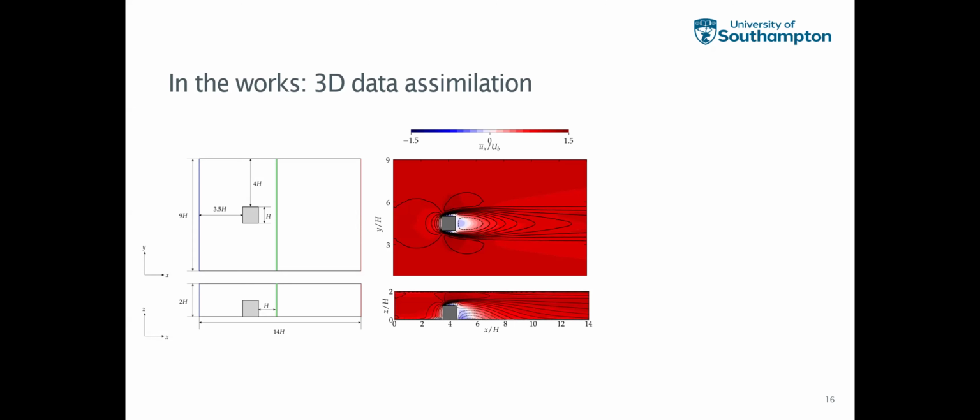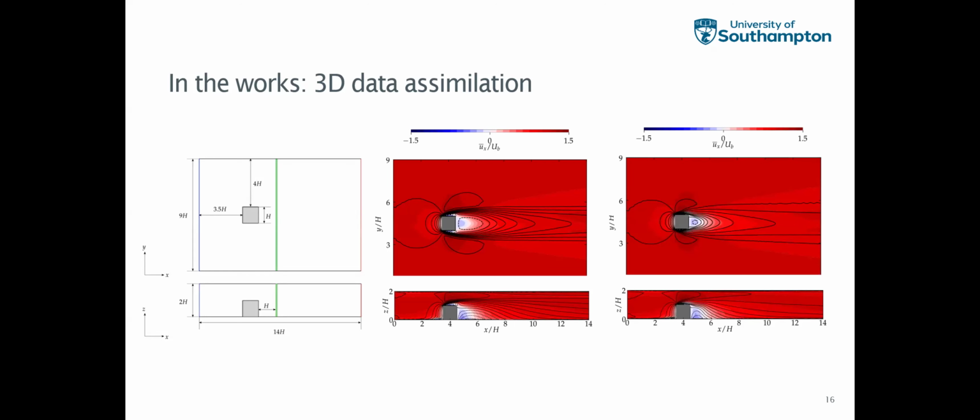So you see the dashed contours are from the RANS simulation using the SA model, and the solid contours are from the high fidelity detached eddy simulation case. These are, of course, mean velocity fields in the streamwise and the wall normal planes. When we performed the assimilation using the spanwise plane, we observed that it's able to make corrections in planes that are not restricted to the one where we provide data.